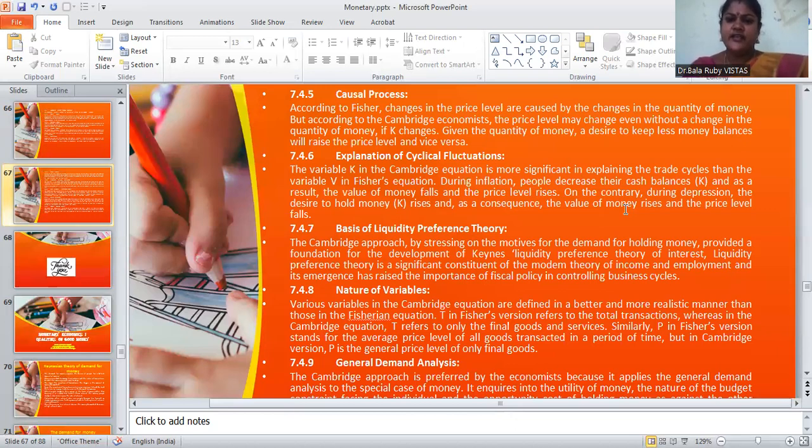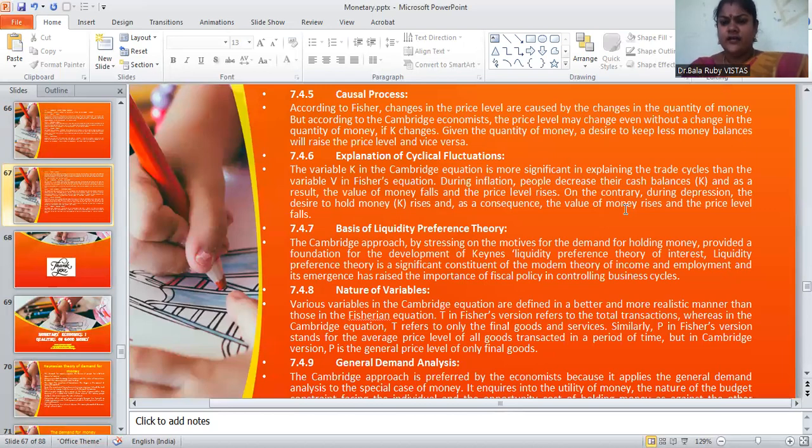Then the next reason is explanation of cyclical fluctuations. The variable K in this Cambridge equation is more significant in explaining the trade cycles than the variable V in Fisher's equation. So, during inflation, people reduce their cash balances, that is our K, and as a result the value of money falls and the price level increases.